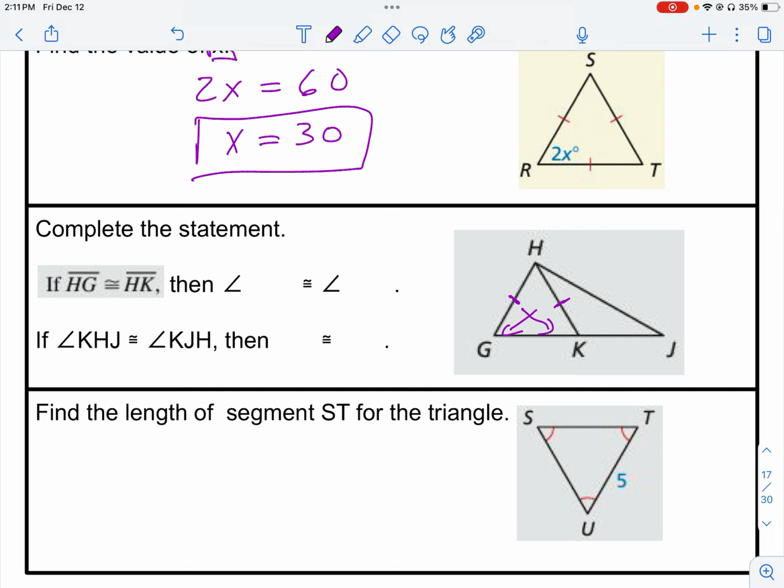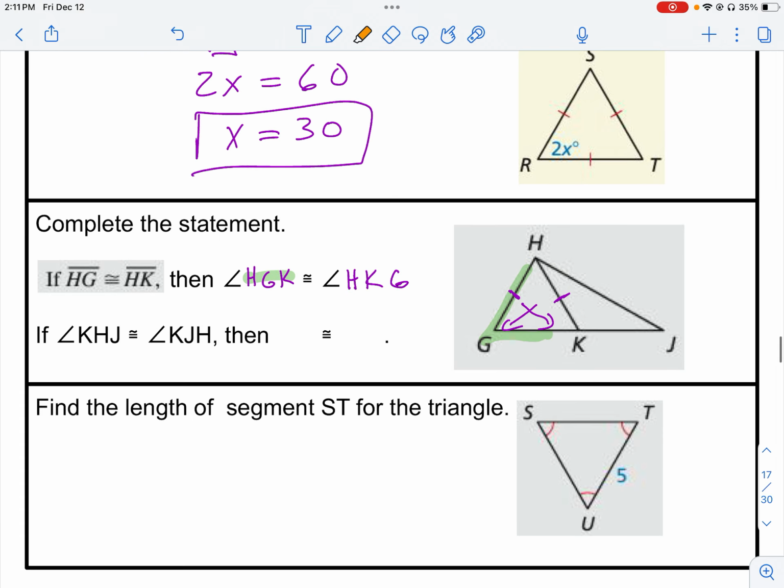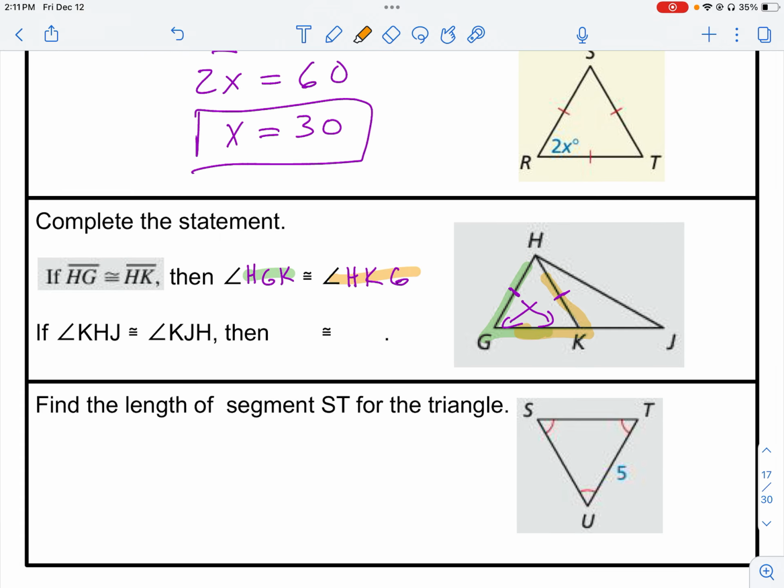Well, we know that angle HGK right here and angle HKG right here have to be congruent, because that's our base angles theorem.